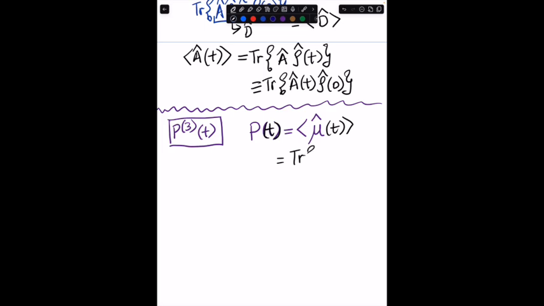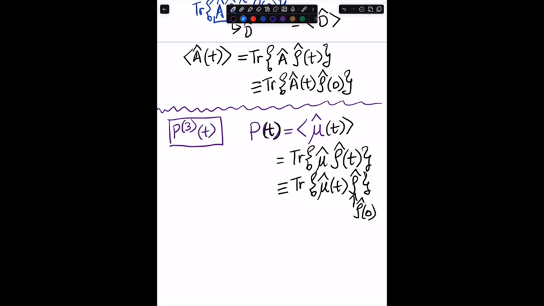One would be to take the trace of the dipole operator at rest with the evolved density operator, or equivalently take the trace of the dipole operator evolved to time t with the equilibrium density operator, or rho 0.